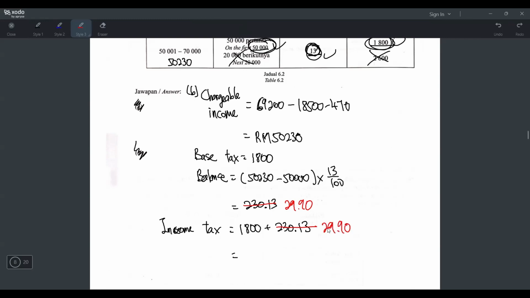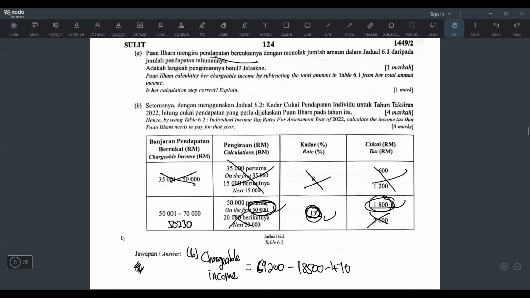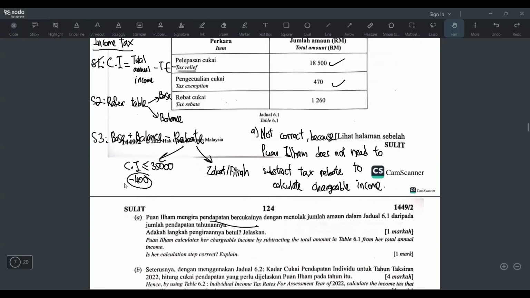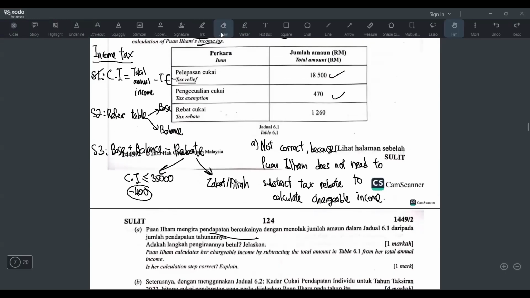So when you plus, you will get 569.90. Wait, let me try. Wait. Dia ada rebate kan? Oh my god. Saya mabuk. Okay, sorry.